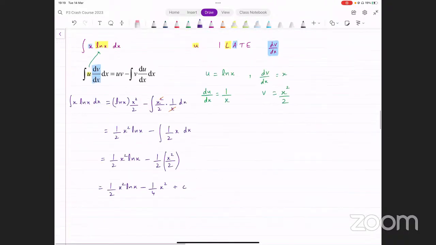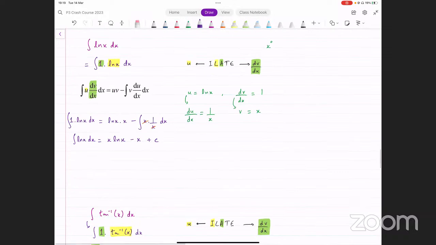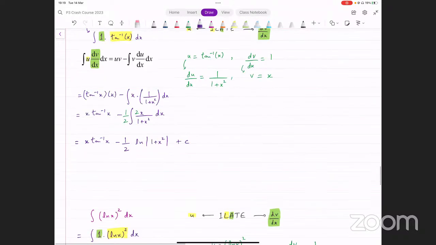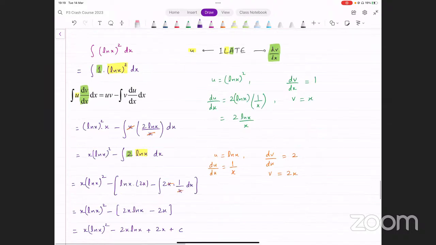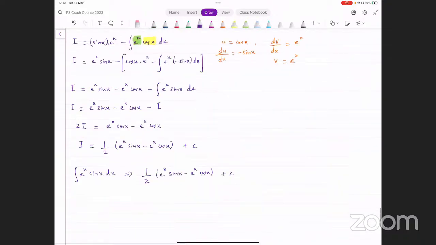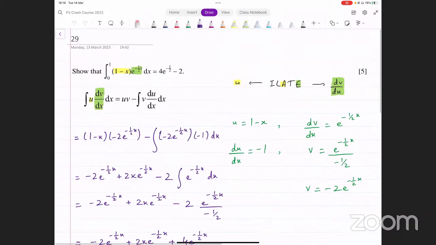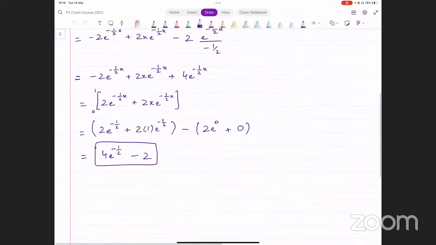For example, you can use integration by parts to integrate ln of x, tan inverse of x, ln of x whole square, expressions like these, which cannot be integrated directly, but you write them as a product, one into that thing, and then integrate. And then we did some other examples like that as well.